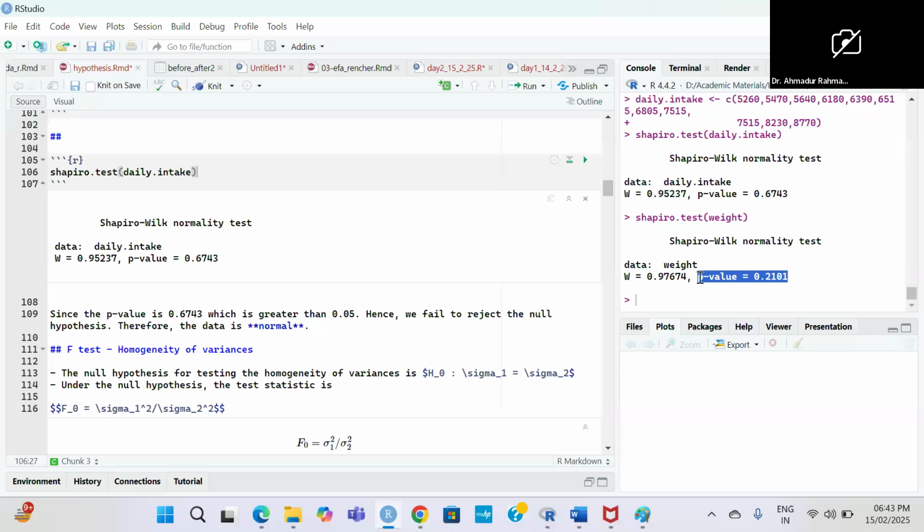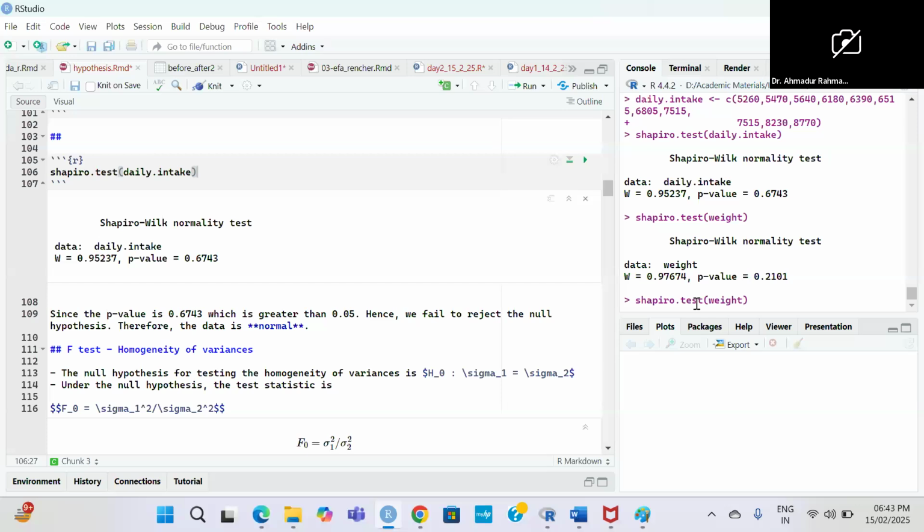So when the p value is greater than 0.05, that means the test statistic is not significant, and then the null hypothesis is accepted, or we fail to reject it. So in our case, we fail to reject the null hypothesis, and that means our weight data is normal.